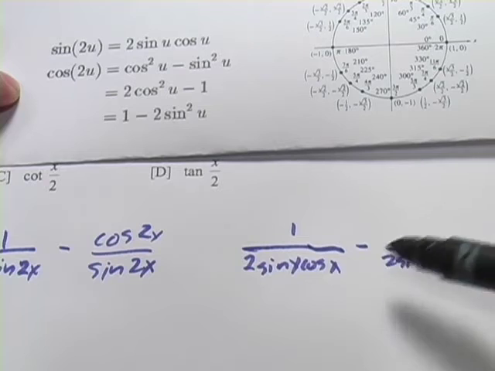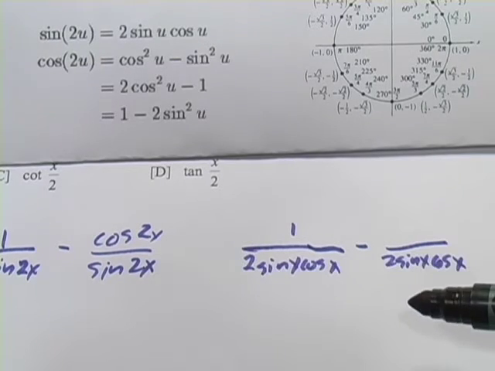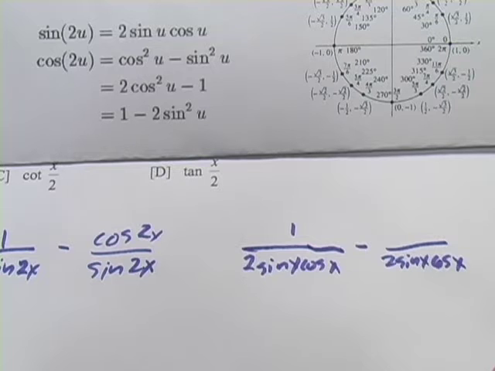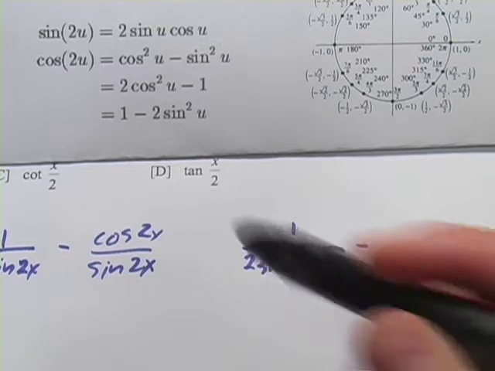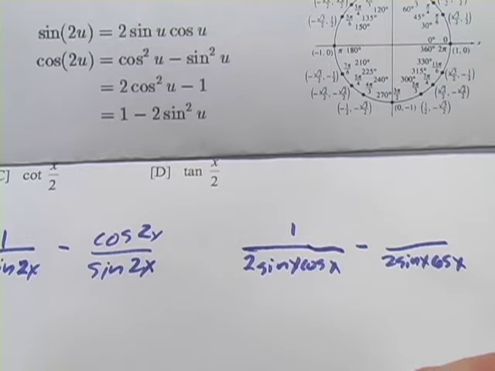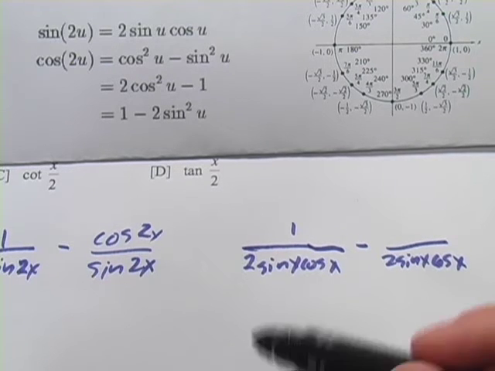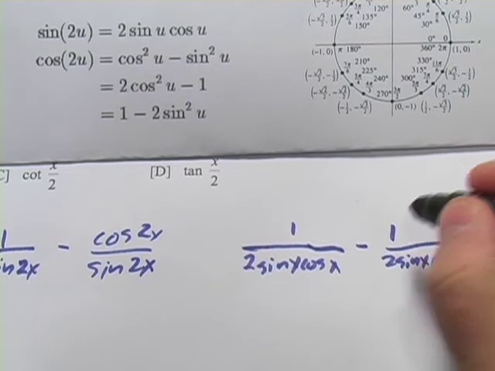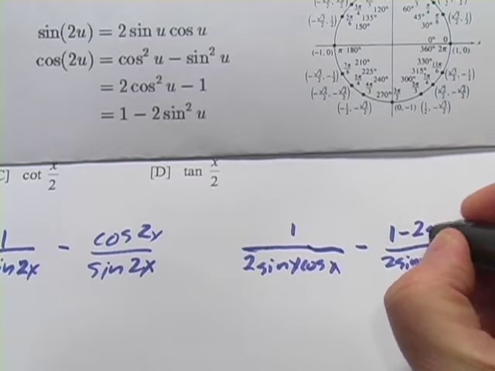And on top, we've got the cosine. The trick here is to figure out which one of these would be useful to do. I think I'm going to choose this last one, 1 minus 2 sine squared theta, because the 1's will cancel out, and I'll have 1 minus 1. I like that. That simplifies things. So let's try that.